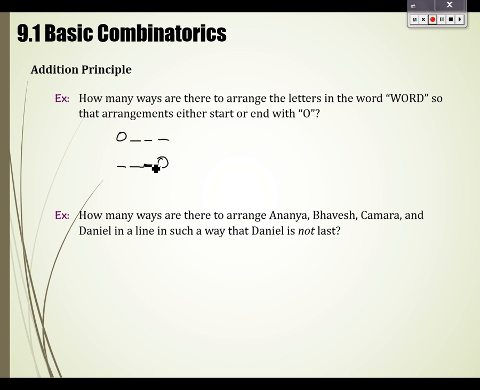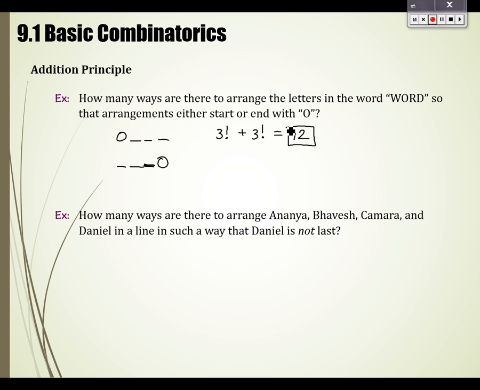So this is the number of ways of, if I force you to have O at the front, filling the other 3 spots with the letters W, R, and D, which is 3 factorial, right? The number of ways of assigning 3 things to 3 slots is 3 factorial. And the number of ways of doing the other case is 3 factorial. And she said we can add those up, and we get 12. Did everyone get 12?